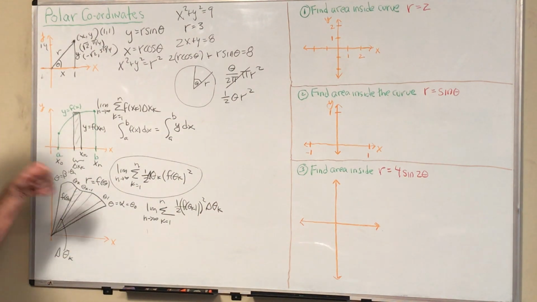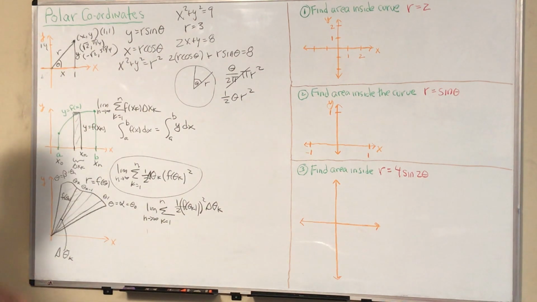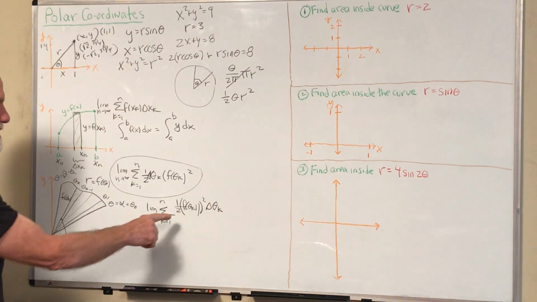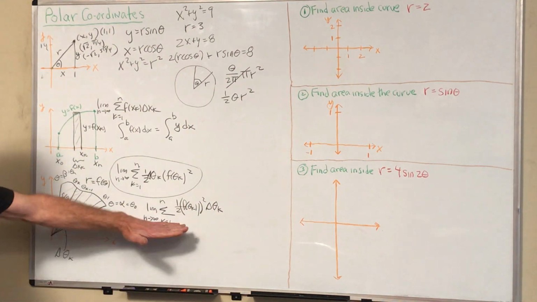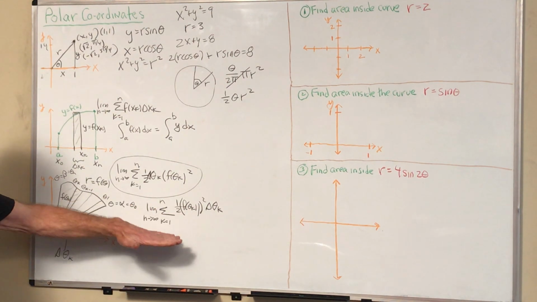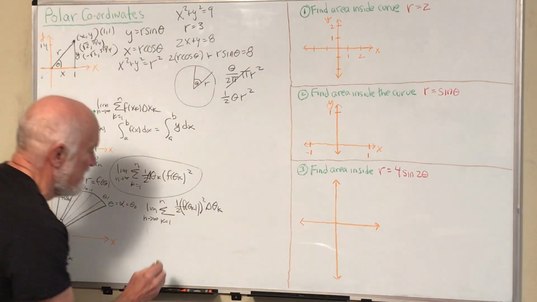So the only real difference is, instead of x, we have theta, and instead of f of x sub k, we have 1/2 of f of theta sub k squared. So this is definitely in the form of an infinite Riemann sum, so we can write it as an integral.